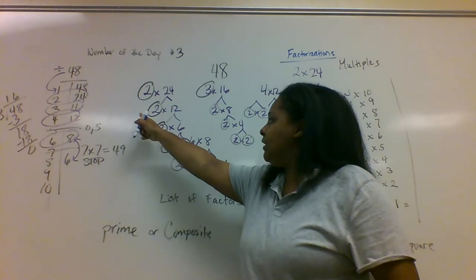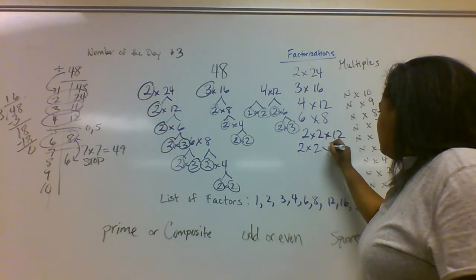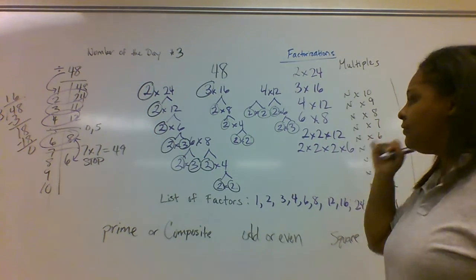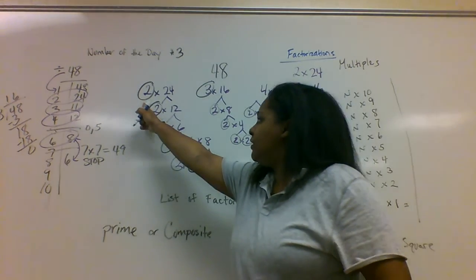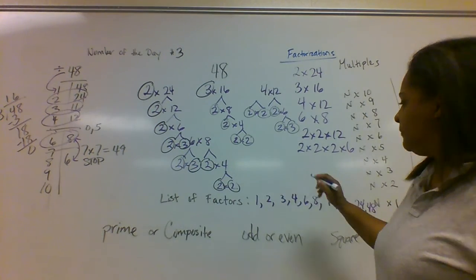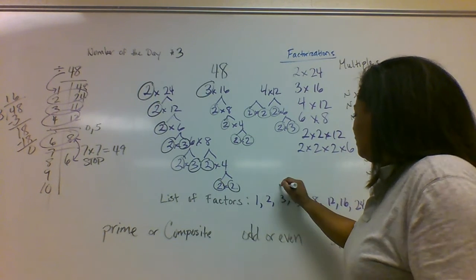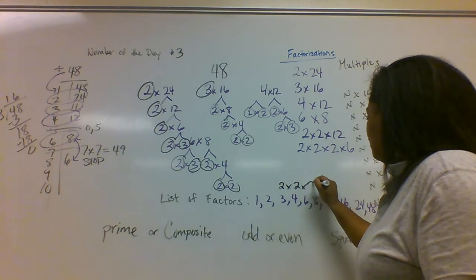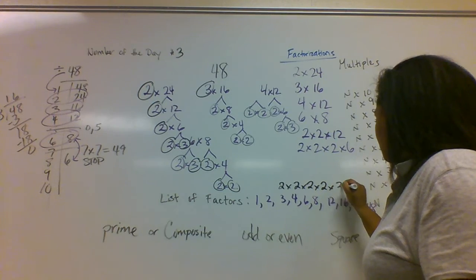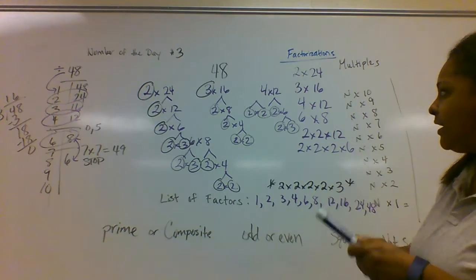Another one would be 2 times 2 times 6. That should equal 48. Another one would be 2 times 2 times 2 times 2 times 3, which is the prime factorization. That's the prime factorization because that factorization has all prime numbers.